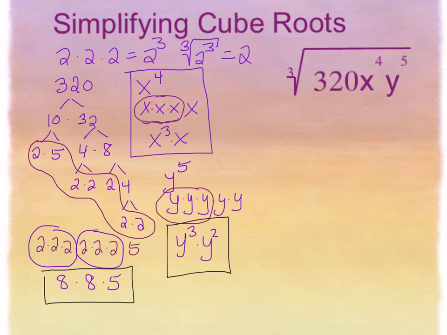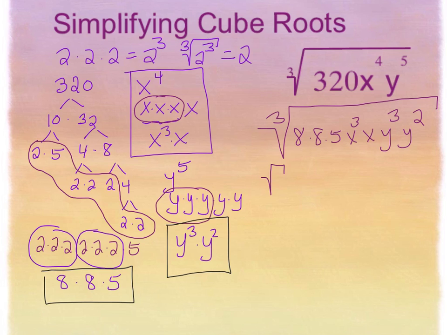All right, so let's rewrite our expression over here with our cubes. We've got 8 times 5, and we've got x cubed times x, and we've got y cubed times y squared. And I'm going to break those out. You don't have to do this every time. It'll become natural for you, but I just want to demonstrate the product of roots property.